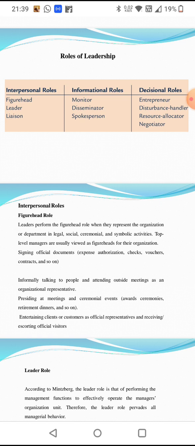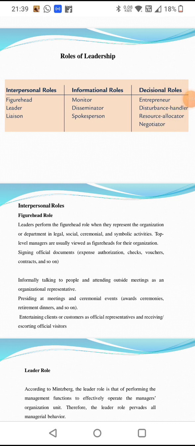Informally talking to people and attending outside meetings as an organizational representative, presiding at meetings and ceremonial events like award ceremonies, retirement dinners, and so on, entertaining clients or customers as official representatives, and receiving or escorting official visitors. So, these are the duties which have to be performed by the figureheads.